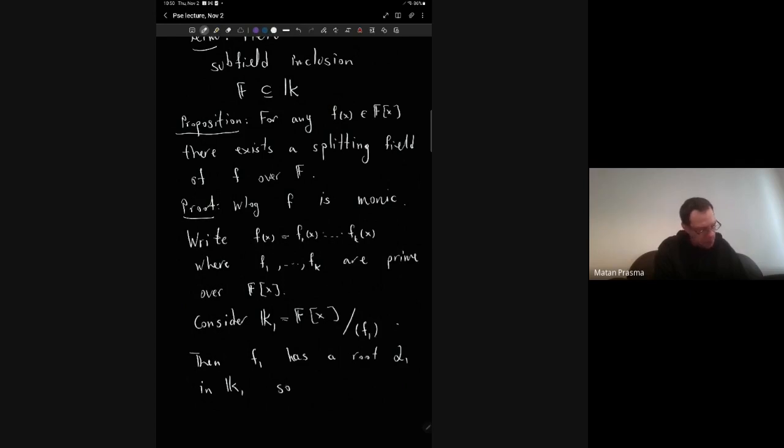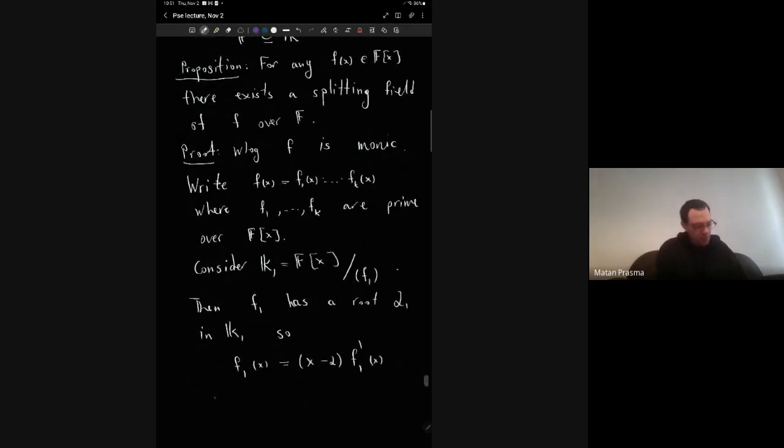So over K1, I can write, I'm not going to carry out this capital X, but if you want, you could, f1(x) equals (x minus alpha 1) f1 prime(x) in K1[x].